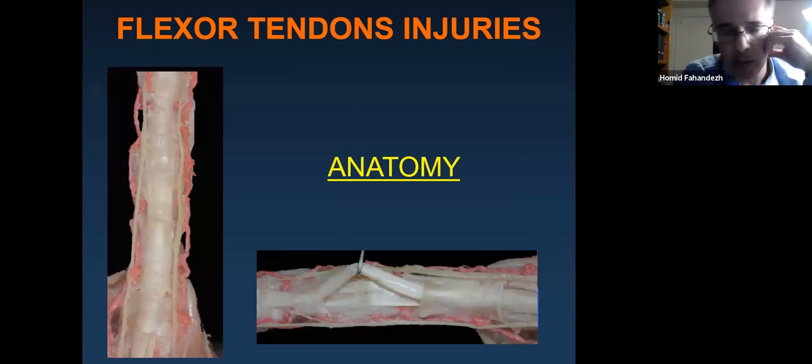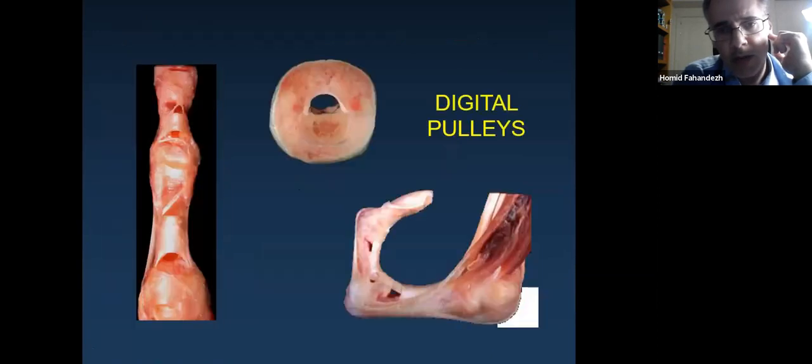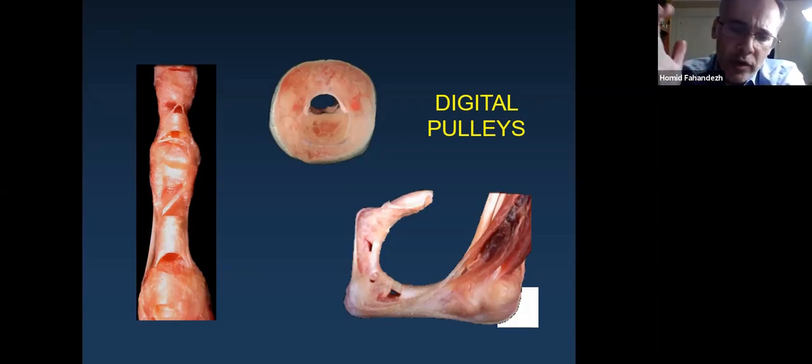Now we are going to pass to flexor tendon injuries, and anatomy, as I said before, is really important. I don't want to talk too much because we don't have a lot of time, but remember that there are FDS and FDP tendons, and also that we have the pulleys that are going to allow the tendons to be close to the bone, and also allow a very good range of motion in flexion.